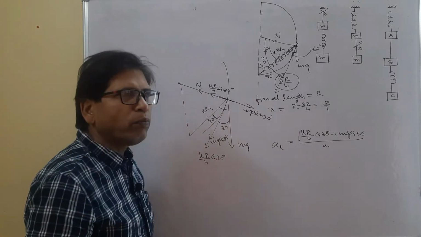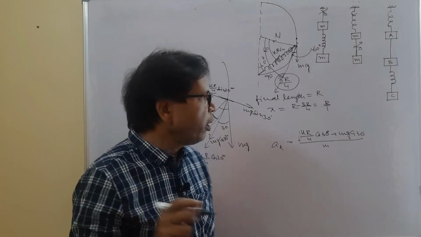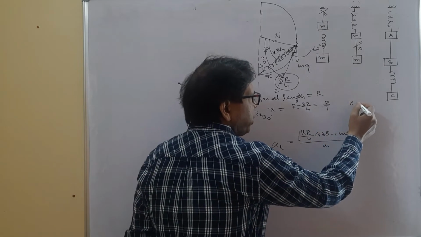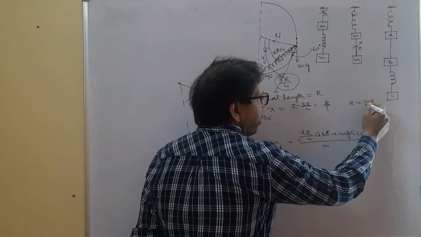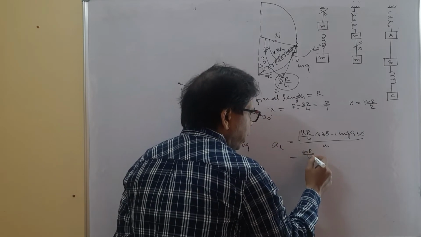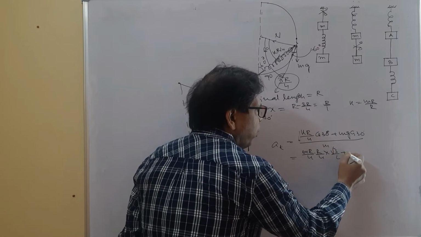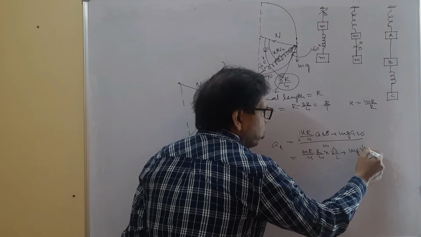Okay, now the force constant of the spring is mg by r. If the force constant of the spring is mg divided by r, so if we put the value, this is mg by r into r by 4, into root 3 by 2, plus mg into root 3 by 2.